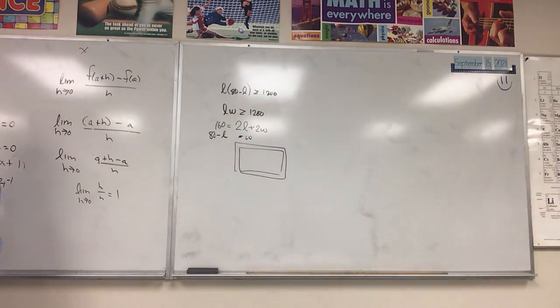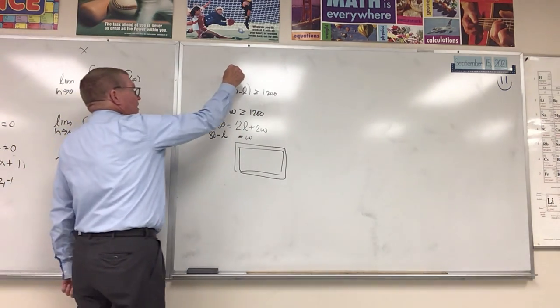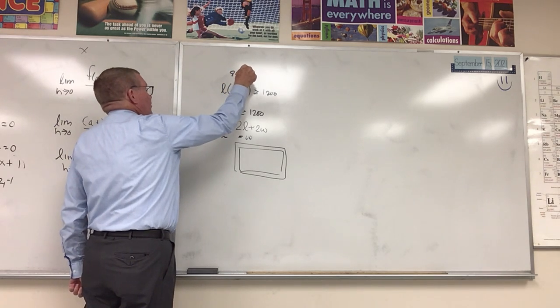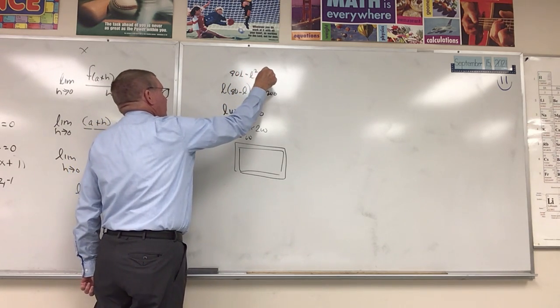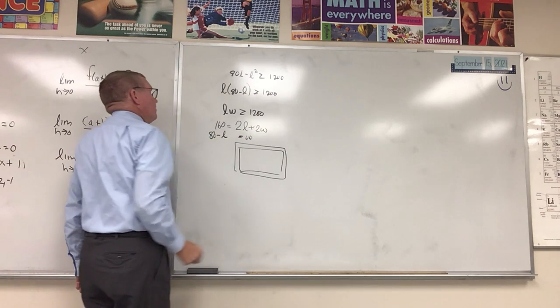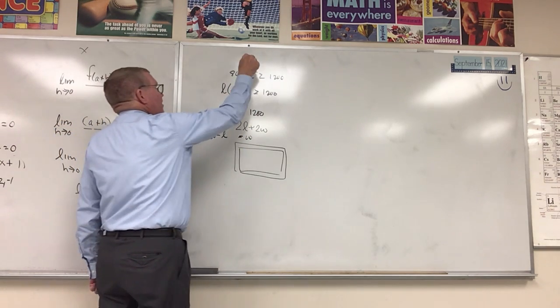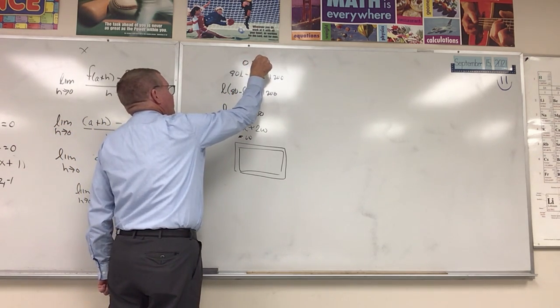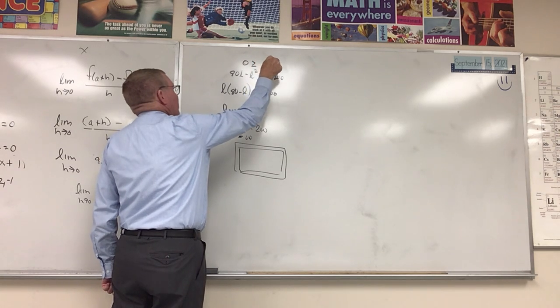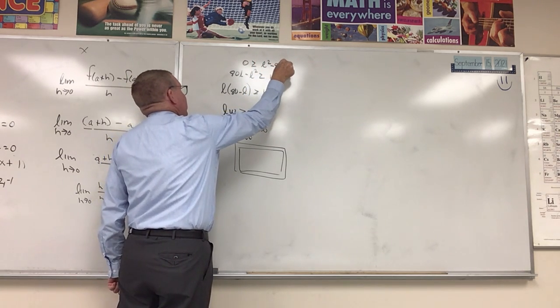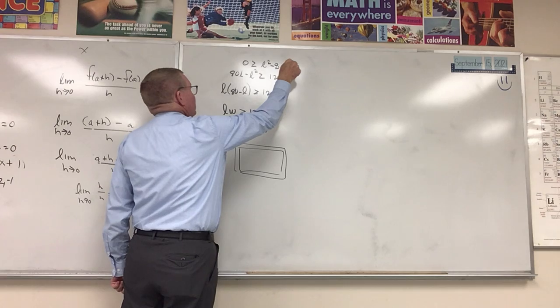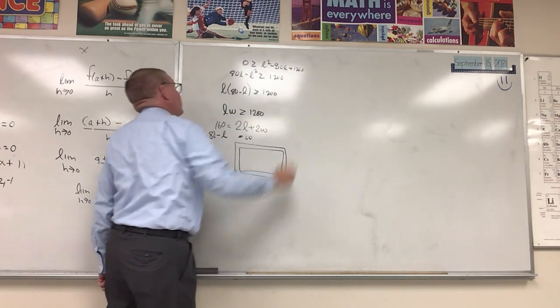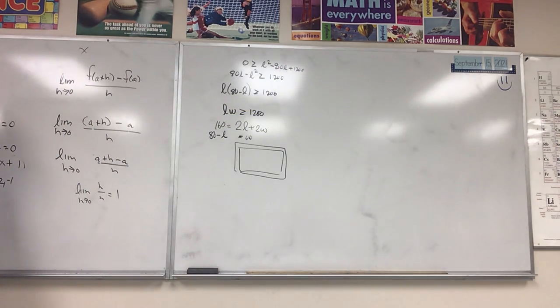So there's my quadratic. That is 80L minus L squared is greater than or equal to 1,200. Take everything to one side, that's 0 is greater than or equal to L squared minus 80L plus 1,200. I'm sorry, I don't understand how you're doing that. I'm confused on how you got 160 equals 80.